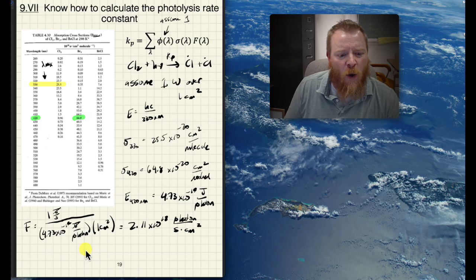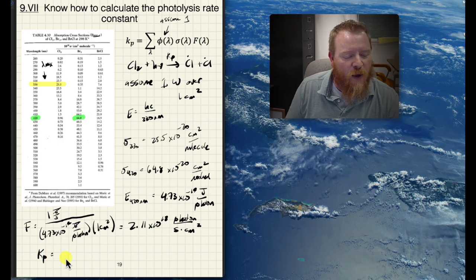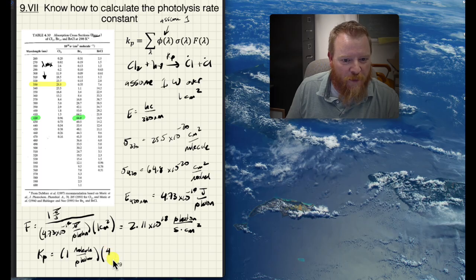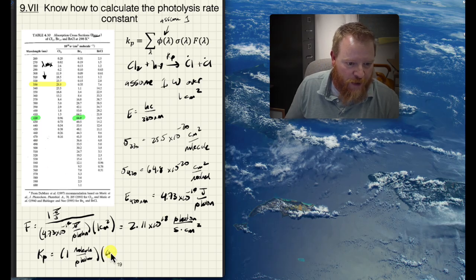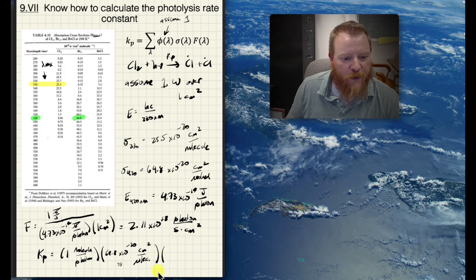All right. So now if we continue on with that calculation to get Kp, we'll assume that the quantum yield was 1 molecule per photon, times the cross section. That was 64.8 times 10 to the minus 20 square centimeter per molecule.